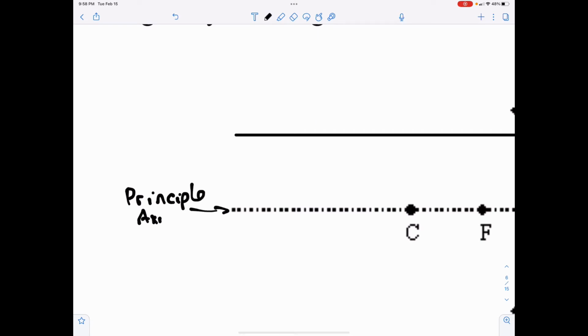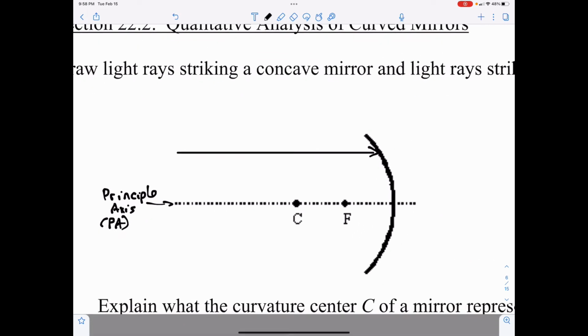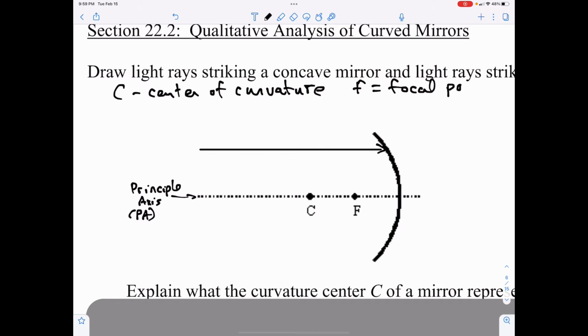I'll just refer to it as PA as an abbreviation, okay? C is the center of curvature. And F is the focal point. We're going to see what that is too in a minute.